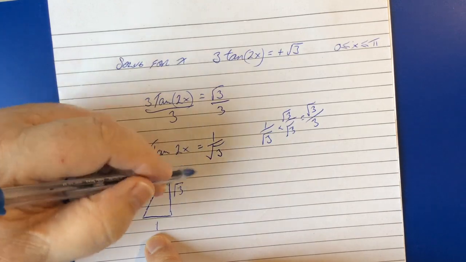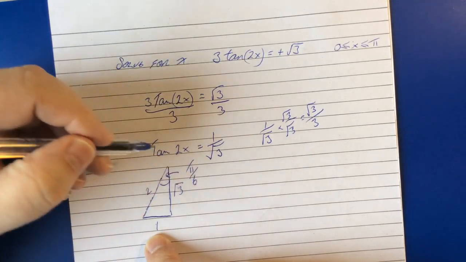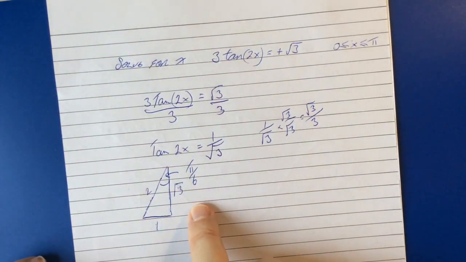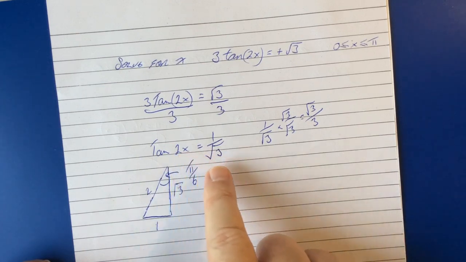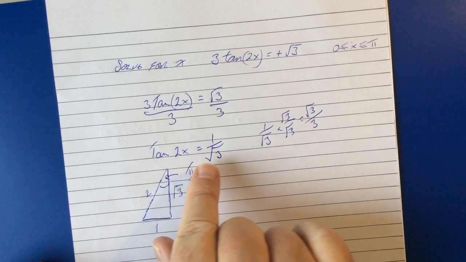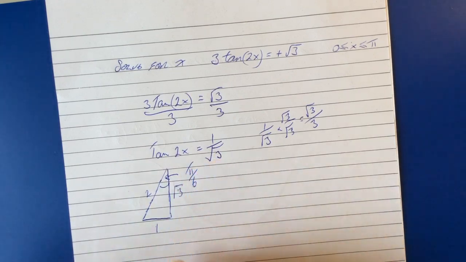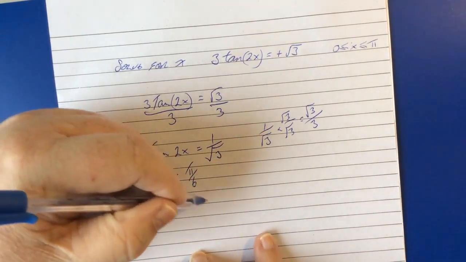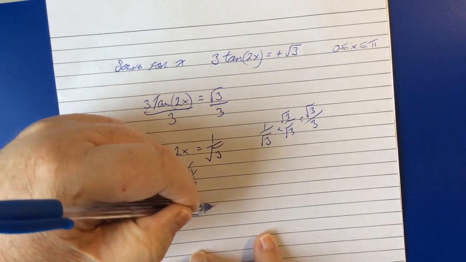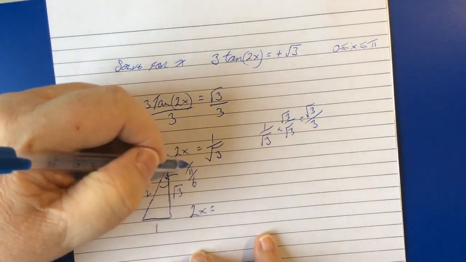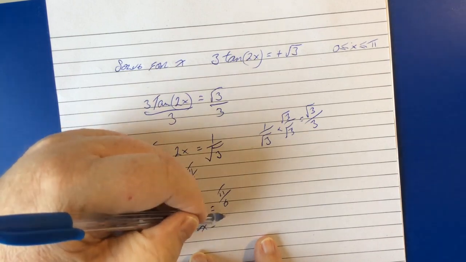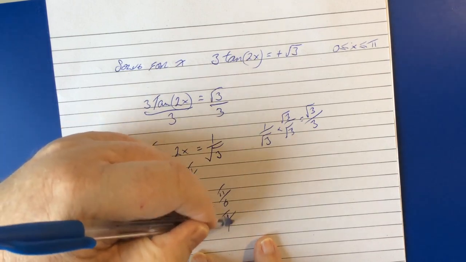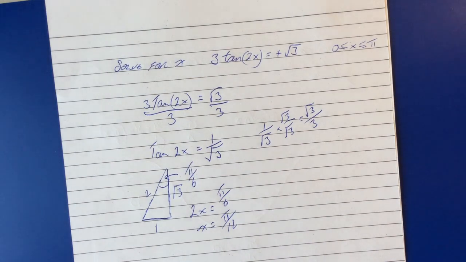Now this angle here is pi on 6. Now what we're told is that two of these x's is equal to that. So the angle that we're looking for, 2x is equal to pi on 6. So x is going to be equal to pi on 12, approximately half that.